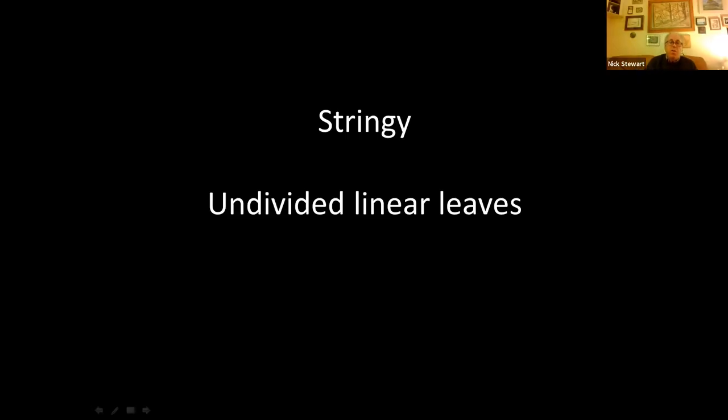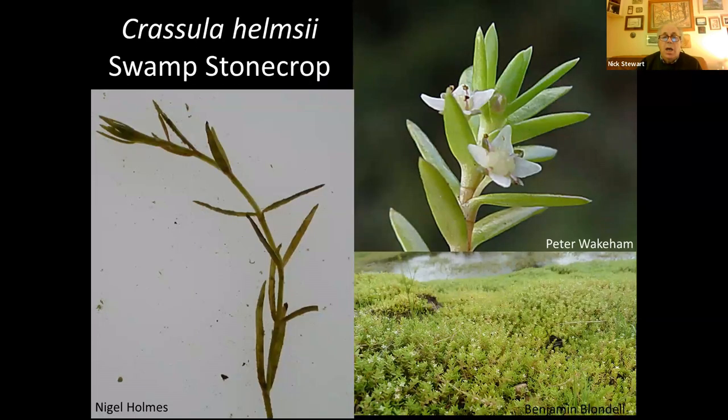Okay, if we move on to the next group, these are the stringy species which have undivided linear leaves. And the main one in this group is the swamp stonecrop, a very serious pest. It easily fragments and easily spreads, and can rapidly colonize.